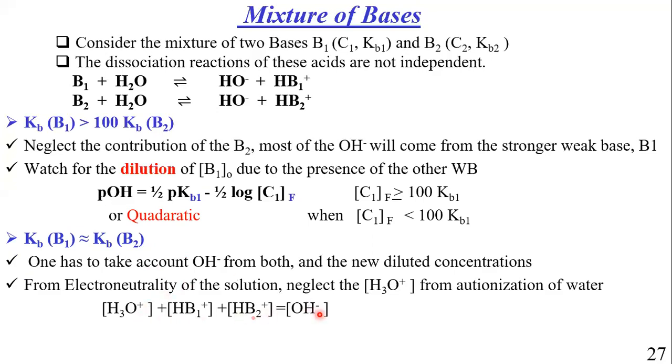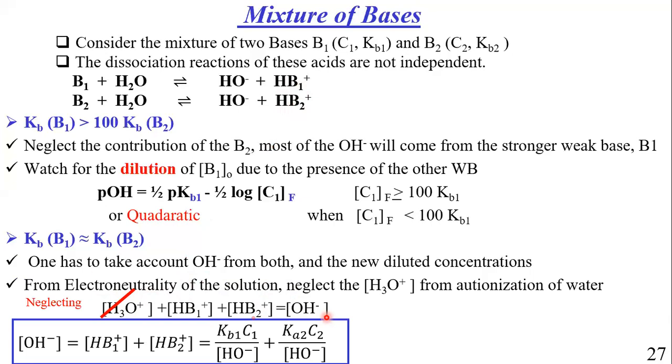Let's look at the electroneutrality equation in this case. Well, here's my equation. I have OH minus negative on one side, and I have positive on the other side: BH1 plus, BH2 plus, and don't forget the H3O plus from the autoionization of water, which contributes both H plus and OH minus into solution. But we're going to neglect autoionization of water, so H3O plus is negligible, and we get an expression.